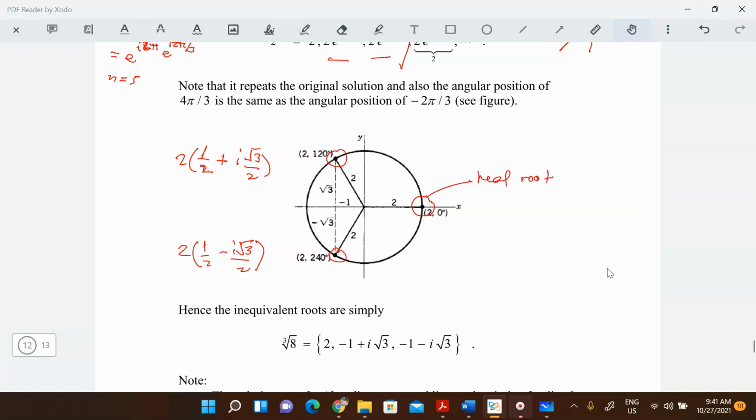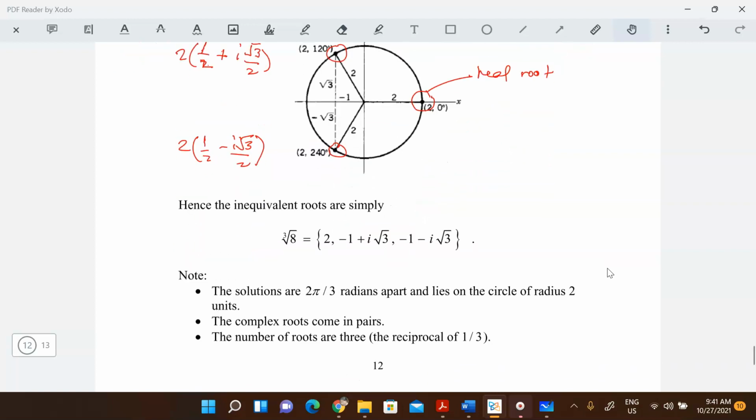The other observation you need to see is when you do cube root, z to the power 1 over 3, you are expected to see three different solutions according to this number.